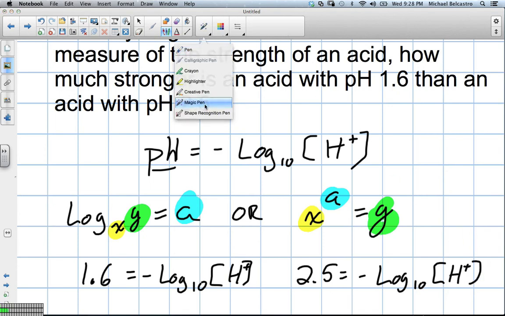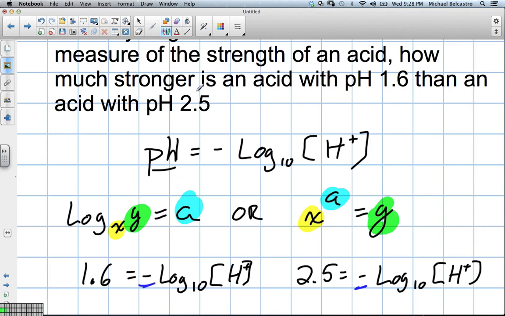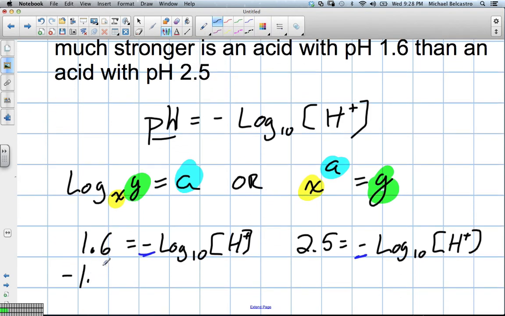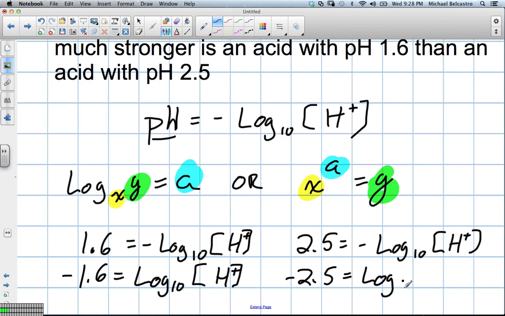Very first thing we did in the last question was move these negatives over. So we're going to move them over in both of our examples. We have negative 1.6 is equal to log 10 of H plus. And in this one, negative 2.5 is equal to log 10 of H plus.